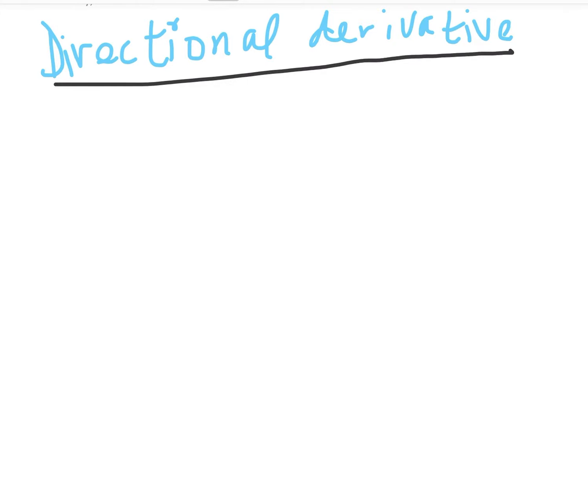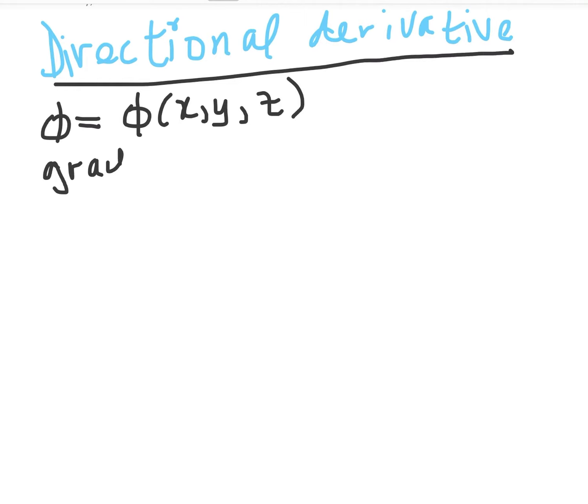Okay, first of all, let's suppose that we have a function phi, which is a function of several variables, maybe just x, y or x, y, z, etc. So for now, let's suppose it is a function of three variables, x, y, and z. We know that the grad operator is defined as, in this case, the grad of phi is the vector containing the derivatives of phi with respect to the variables x, y, and z respectively.